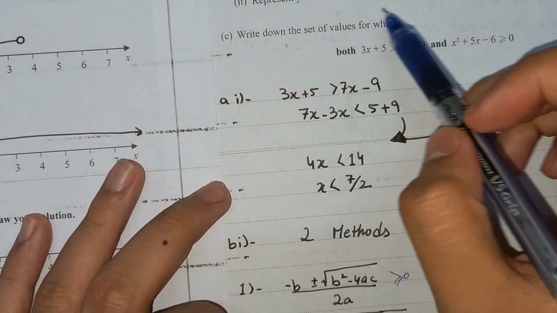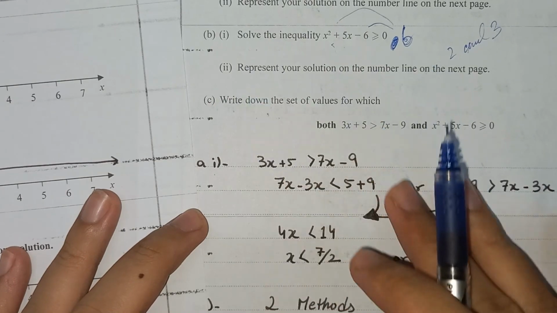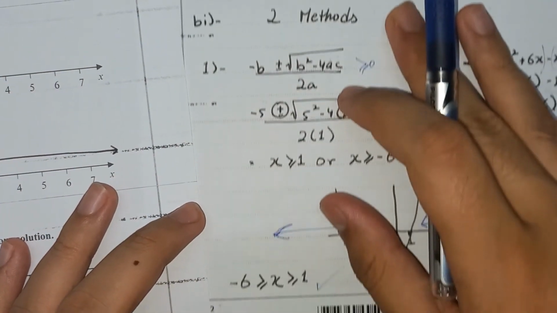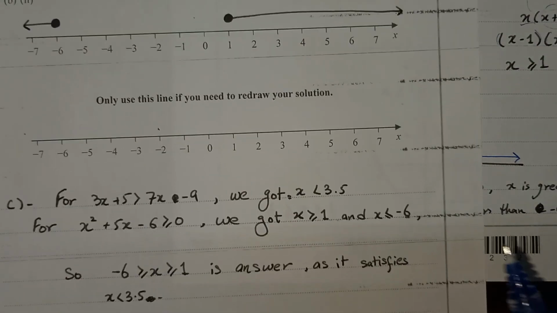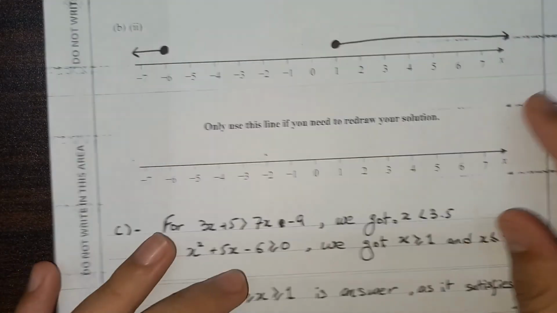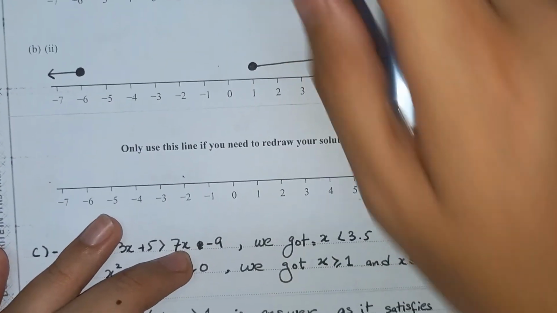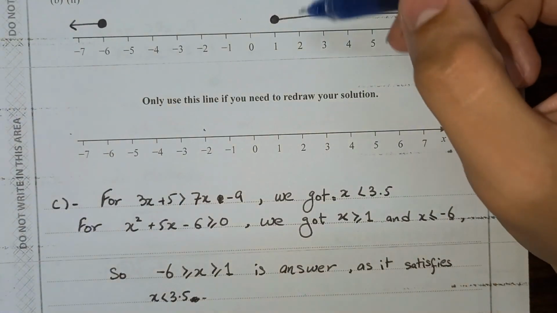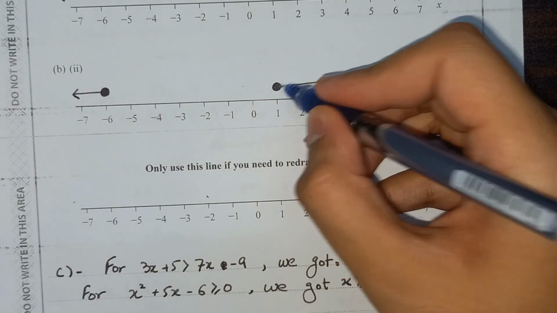Then represent your solution on the number line on the next page. We did the same for part B, but in part B you had this inequality. So you can see that x is greater than or equal to -1 and it is less than or equal to -6. When you get an equals with a greater or less than sign, you don't get a hollow circle.